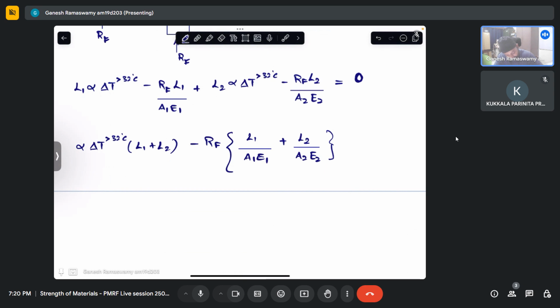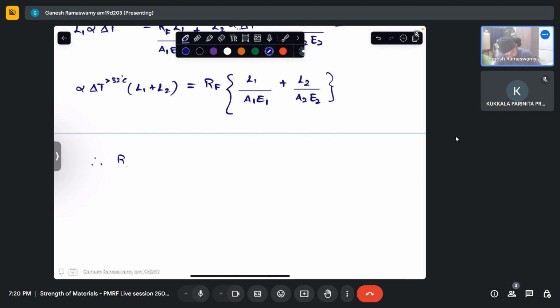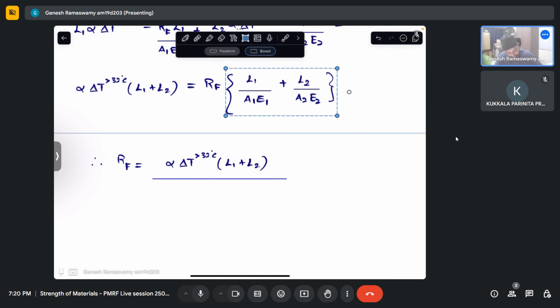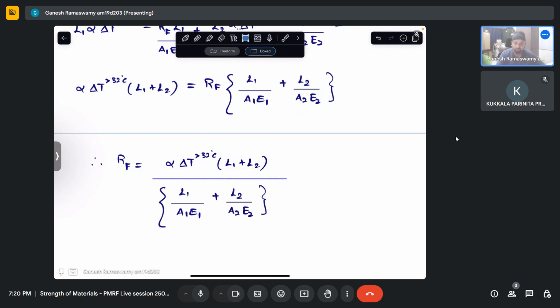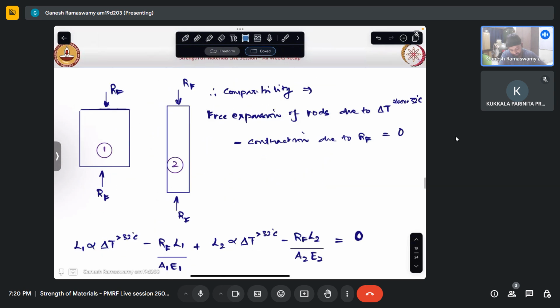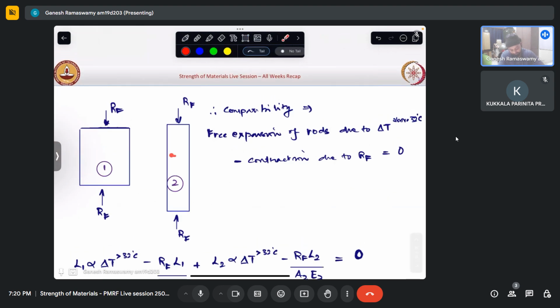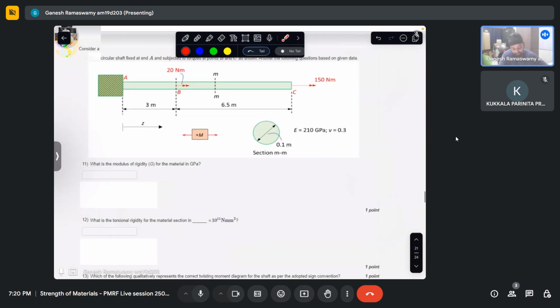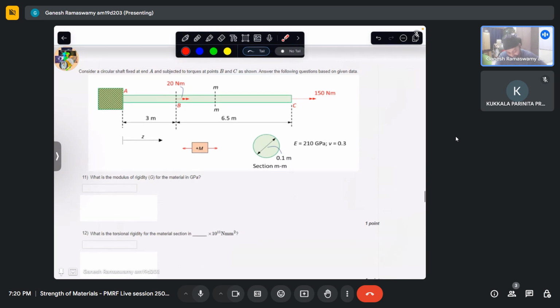So if I were to take it to the other side, the reaction force is equal to this divided by this quantity. I will be posting this sheet with the answers, and I leave it for the viewers to solve for this. Once we know RF, we know the area of each of the individual rods. It is just a matter of dividing it in order to get the stress. I leave it at that because there are more questions to cover and not much time. So I'll move on to the next question.